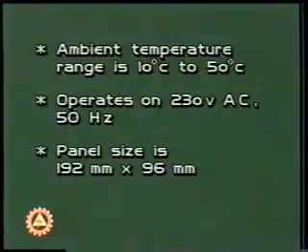In our example, the design constraints are: ambient temperature range is 10 degrees to 50 degrees centigrade, operation is on 230 volts AC, and the panel size is 192 millimeters by 96 millimeters.